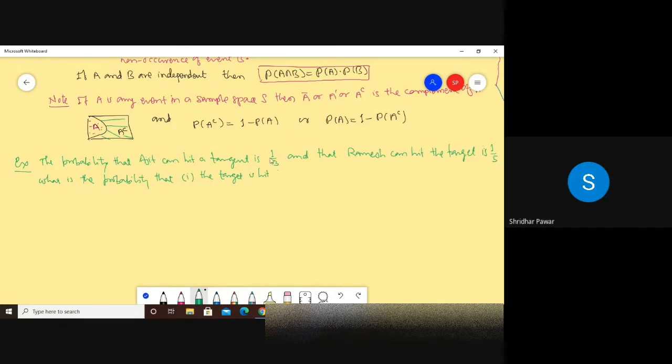Okay, or I will write असं कुठल्याही वर्ड मध्ये विचारतील तुला, at least one of them hits the target. Both mean the same.